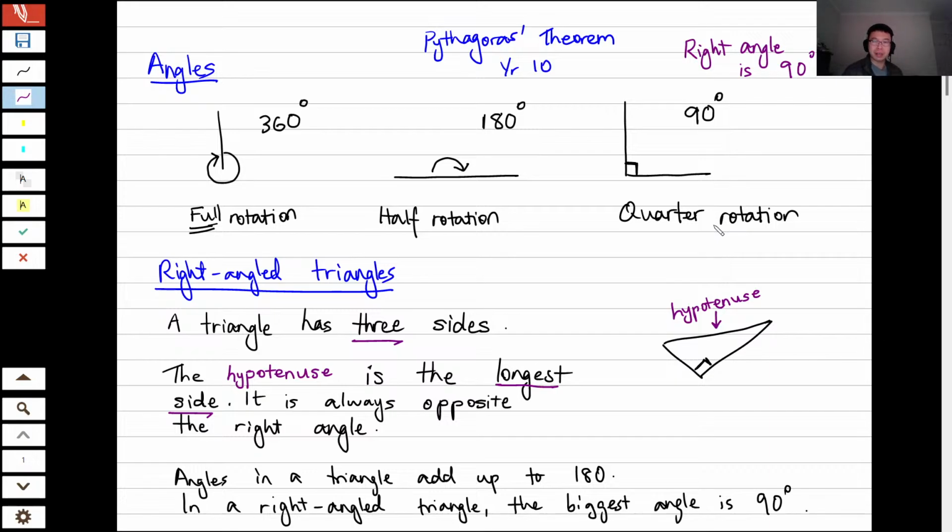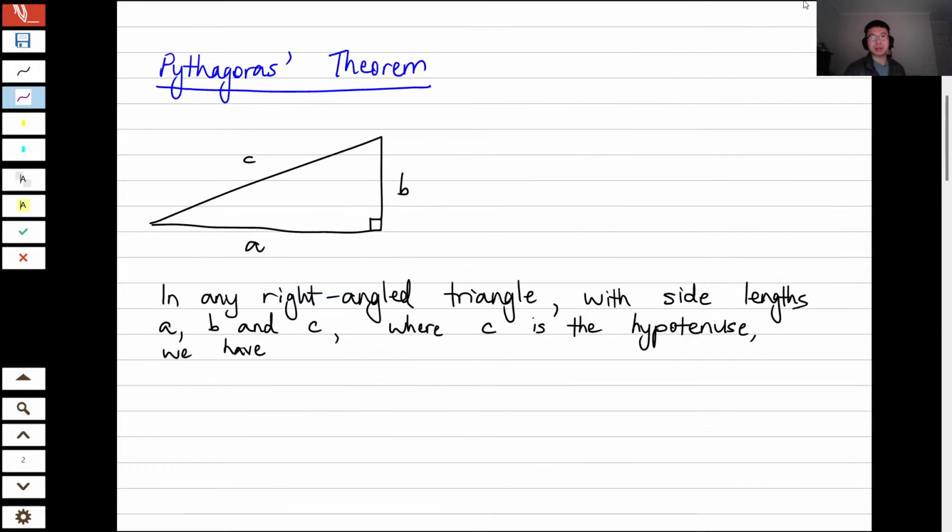Okay, now that I've given you a definition for the hypotenuse and the definition for a right angle, we're now ready to state Pythagoras' theorem. So here it is.